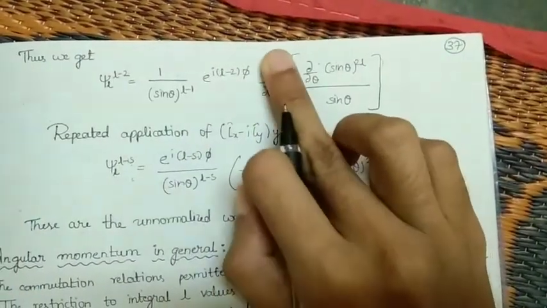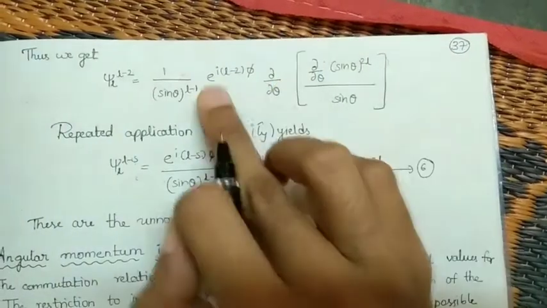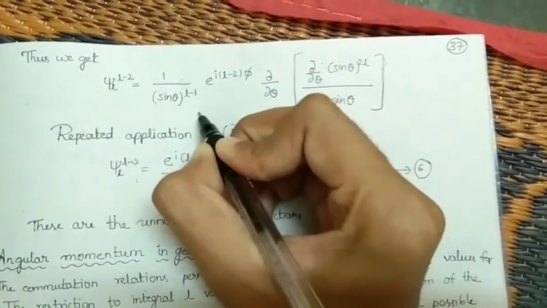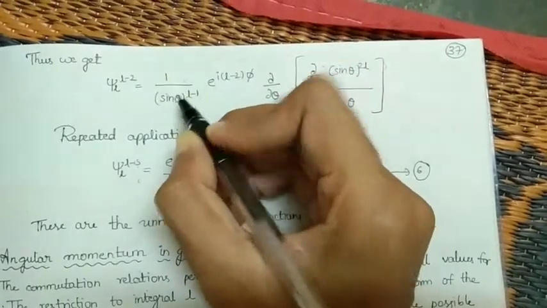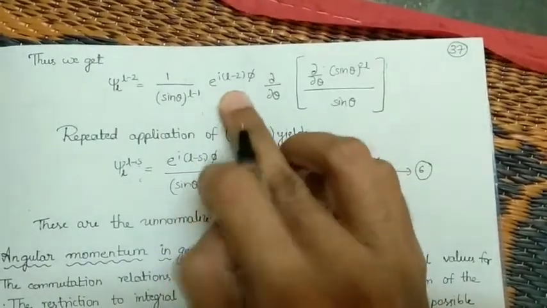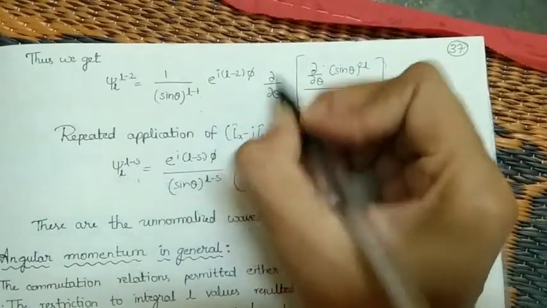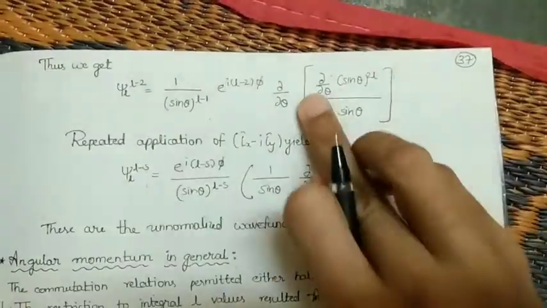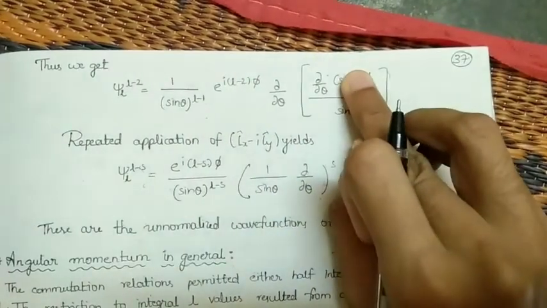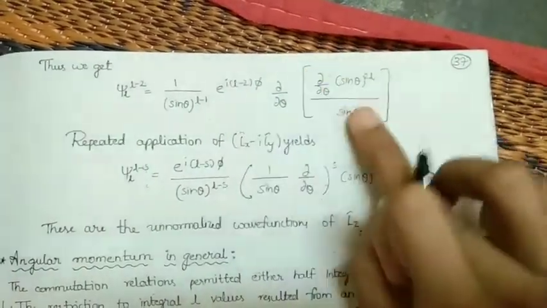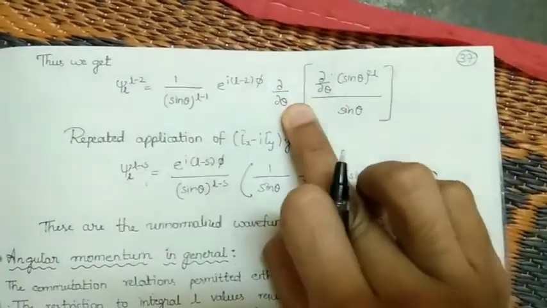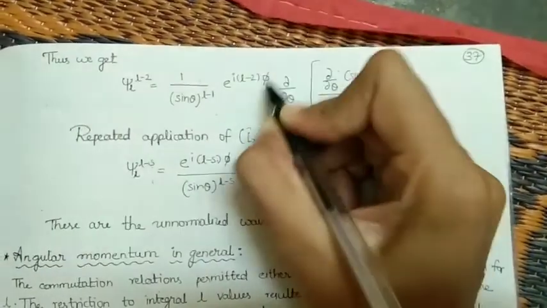Next, again we differentiate with dou by dou theta, and after simplification one of the sin theta has gone, so another sin theta is remaining here. So 1 by sin theta dou by dou theta. We differentiate with respect to theta and multiply with 1 by sin theta, and again the same procedure.